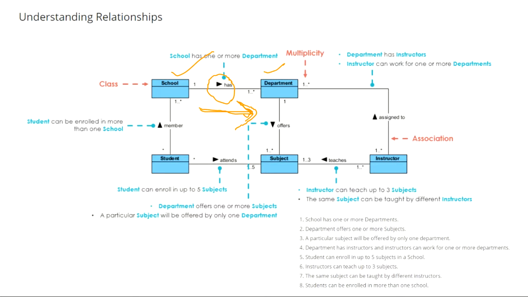If there had been no arrow in this direction, and the relationship name was just "has", then you would read it as school has one or more than one department, and then in reverse, department has exactly one school. Okay.